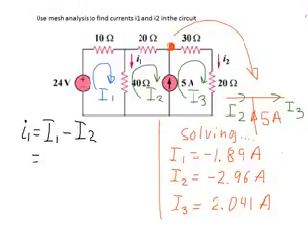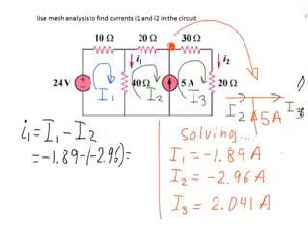So it will be negative 1.89 minus 2.96 negative, and the answer for that is 1.07 amps.